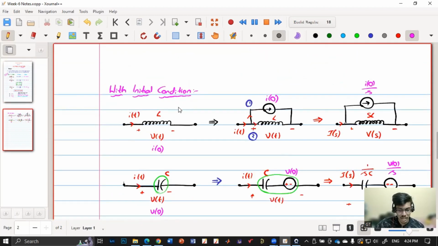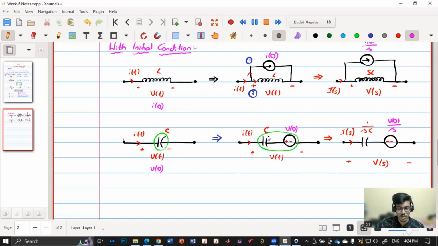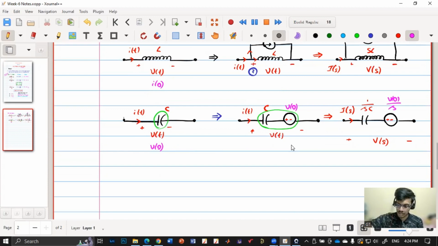If there is an initial condition, we add a parallel path if it is an inductor, or a series voltage source if it is a capacitor. And the polarity is very crucial. As this side is plus, V of t will be the initial condition plus this voltage. You should not make any mistake while choosing that polarity. So is this clear until this point?